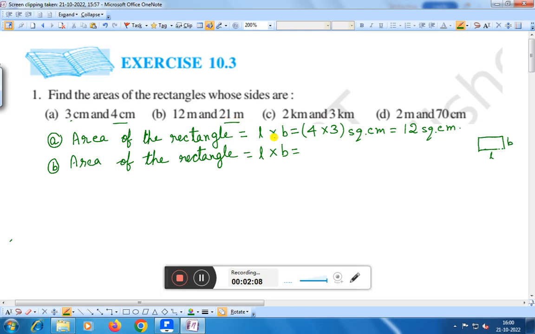Length is 21 meter. Therefore, it is 21 into, what is the breadth? Breadth is 12 meter. That is 21 into 12.